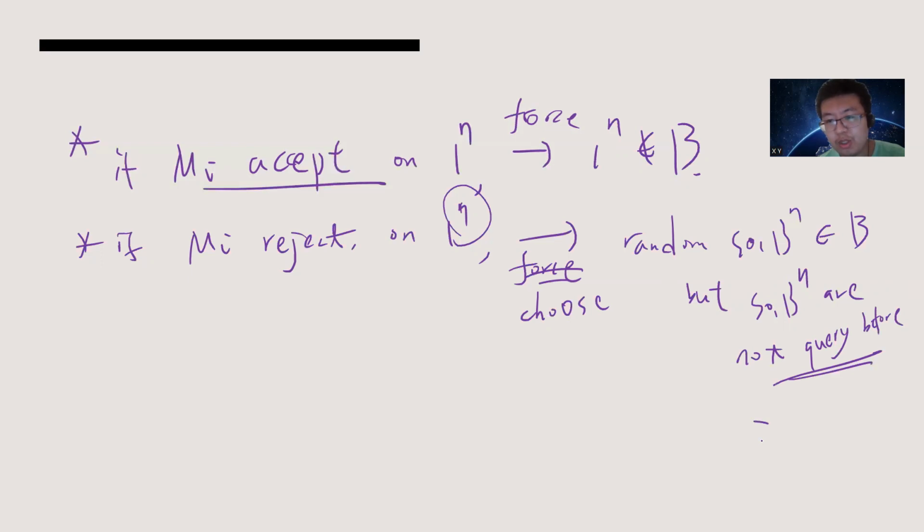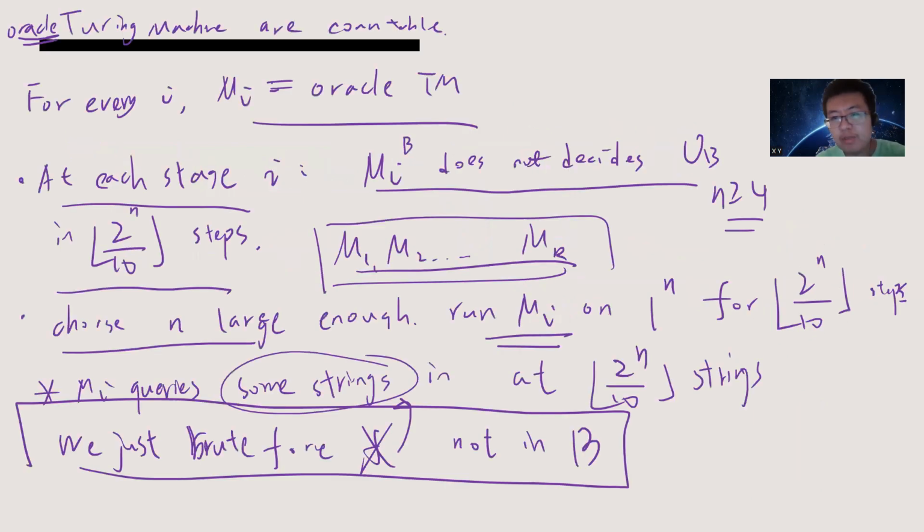And this is possible because we take at most 2^n divided by 10 strings, so there should be plenty of choices. So we just randomly choose a string to put in B that was not queried before. By this construction, you can construct such B, right? You have M1, M2, and M3, and then you construct such B.